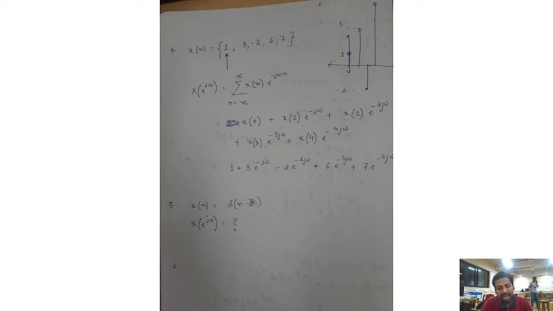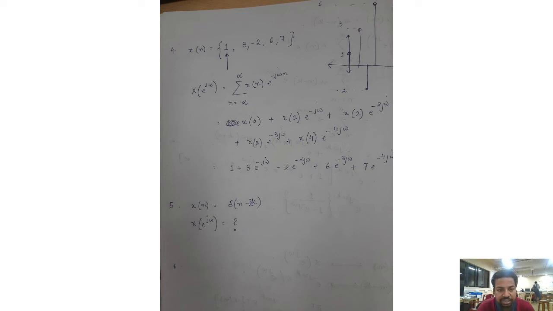We have values at n equal to 0, 1, 2, 3 and 4, which equals x of 0 times e to the power of 0, which is 1, plus x of 1 times e to the power of minus j omega, plus x of 2 times e to the power of minus 2 j omega, plus x of 3 times e to the power of minus 3 j omega, plus x of 4 times e to the power of minus 4 j omega.